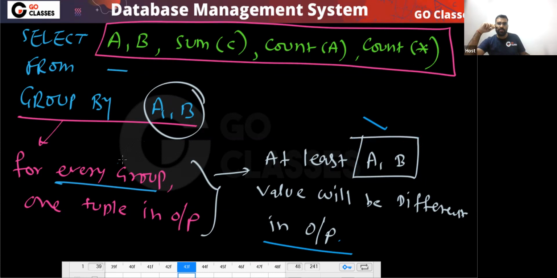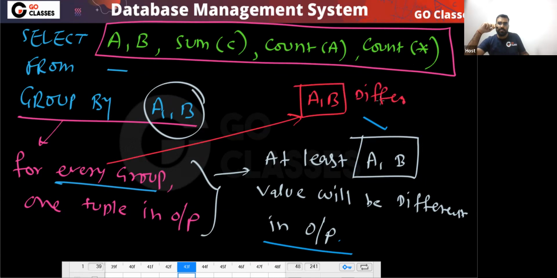For every group also, these two will be different. So for every group, this A, B tuple will be different. Is this clear? See, very simple points.